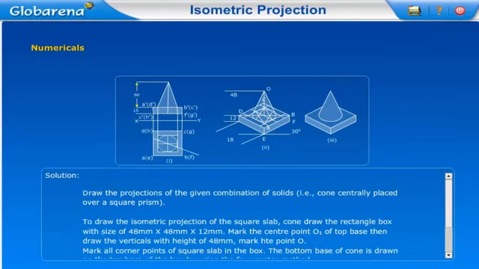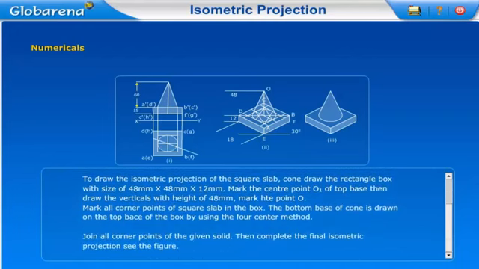Mark the point O. Mark all corner points of the square slab in the box. The bottom base of the cone is drawn on the top base of the box by using the 4-center method. Join all corner points of the given solid. Then complete the final isometric projection. See the figure 17.393.